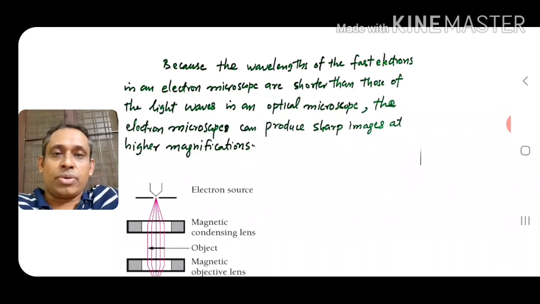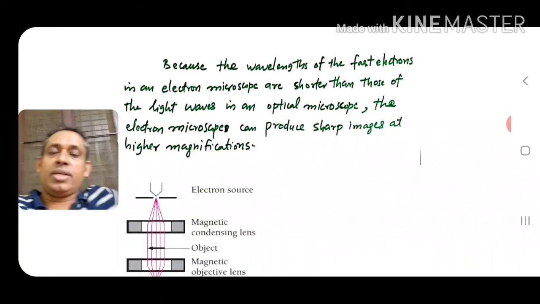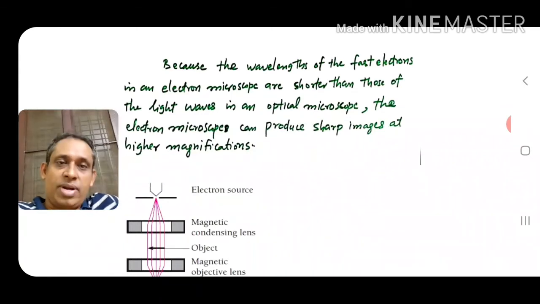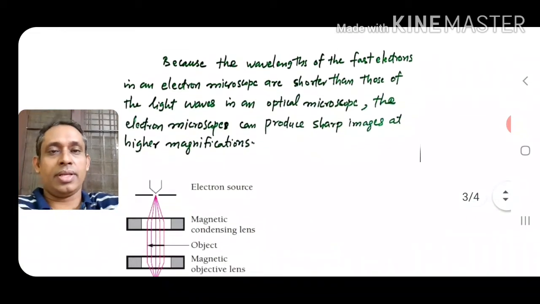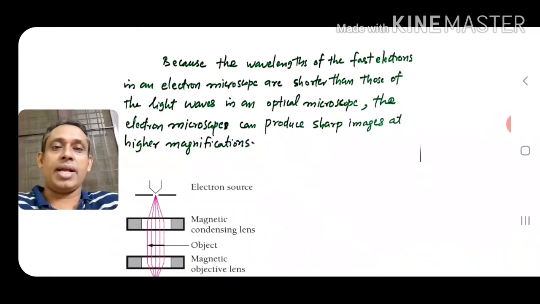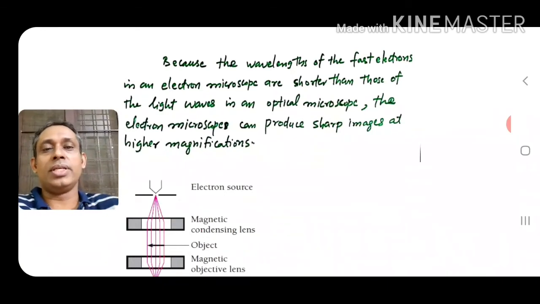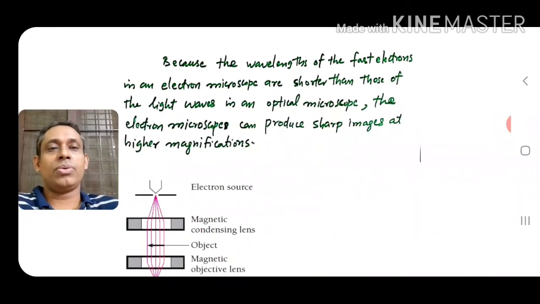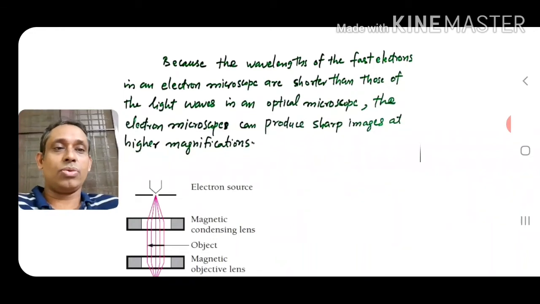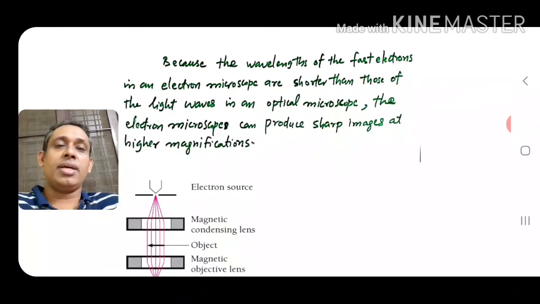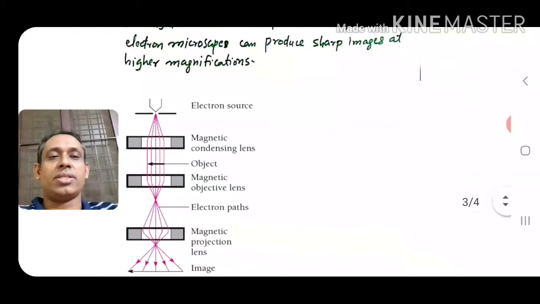It uses electrons, and these electrons have wavelengths shorter than the visible light used in an optical microscope.